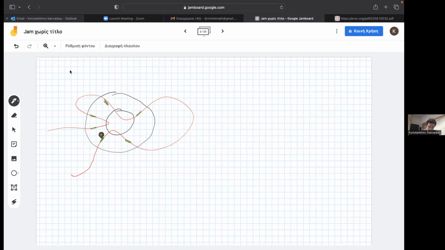Then we fix points, w_j's, on every such crossing. And again, we also fix some interior points.